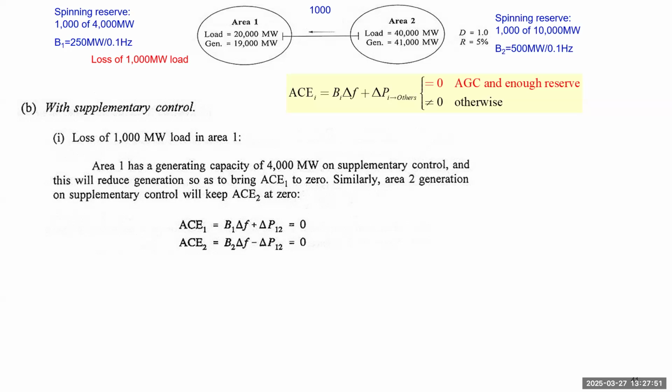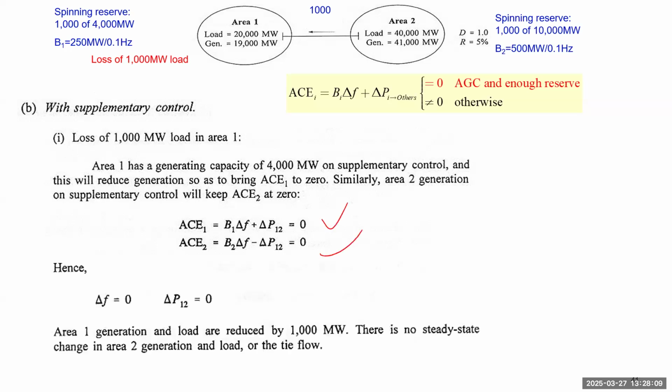As long as the generation has enough room higher than the lower limit, you can simply decrease the generation to balance the load. Which means we can easily make ACE for both areas be 0, and the frequency doesn't change. Thailand flow doesn't change. So this is simple. We don't need to do any calculation. For sure we can maintain 0 ACE and also the original frequency.